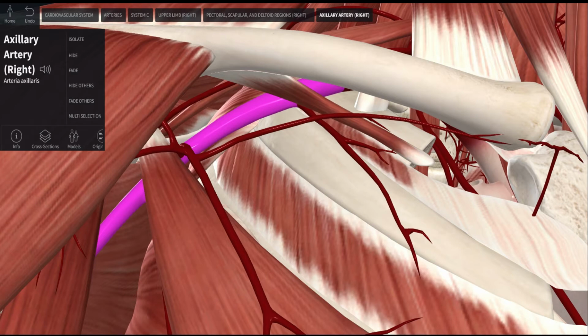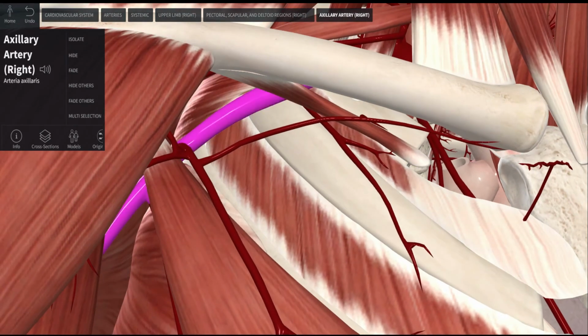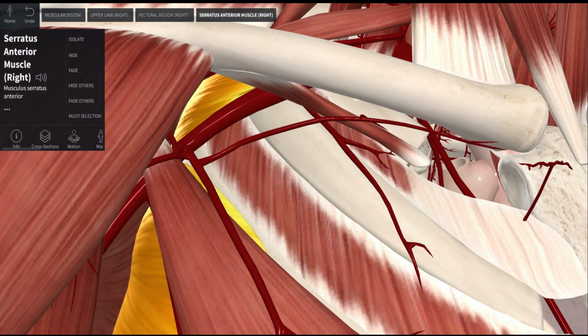Anyways, all we need to understand is that the first or the first two intercostal spaces along with the external intercostal muscle are a posterior relation. Along with that, there is another very important muscle over here. As you can see, if I highlight, this over here is the serratus anterior muscle.